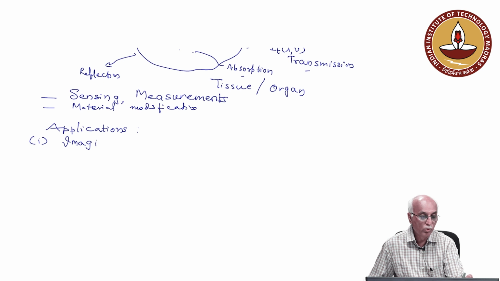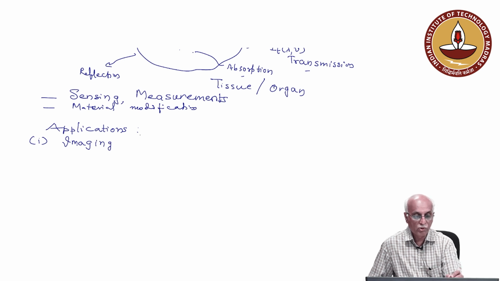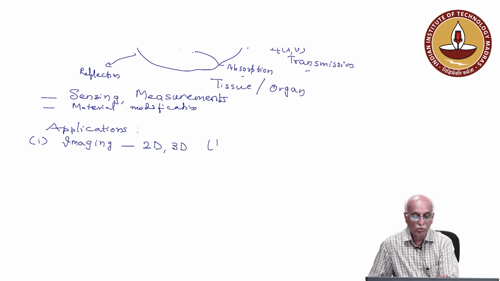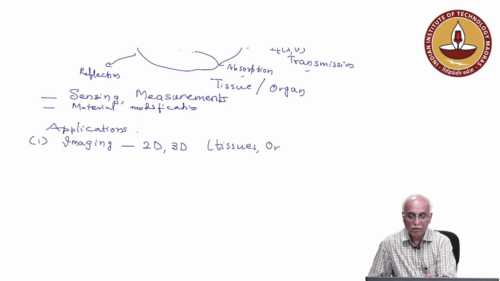We can make use of those photons to image the tissue structures or biological organs, etc. Imaging modalities may be in the form of 2-dimension or 3-dimensions for tissues, organs, etc.